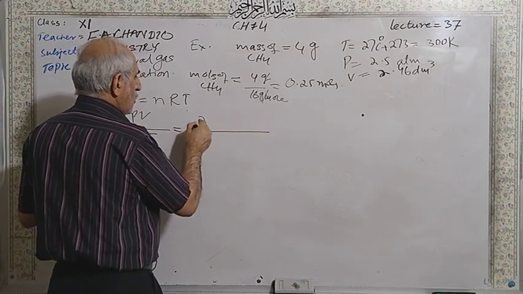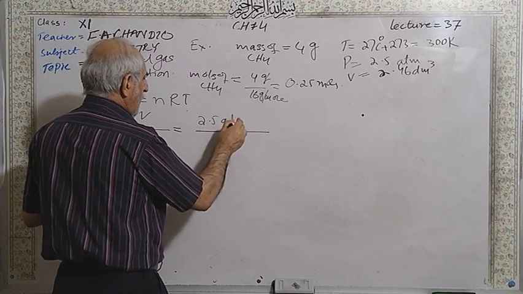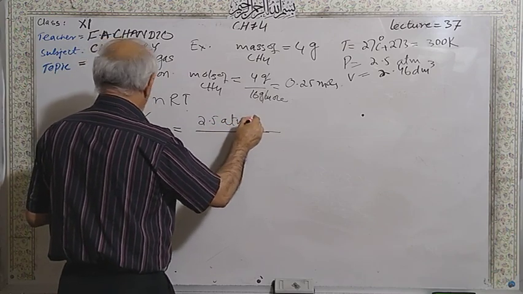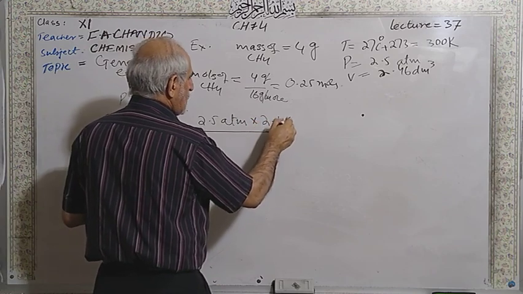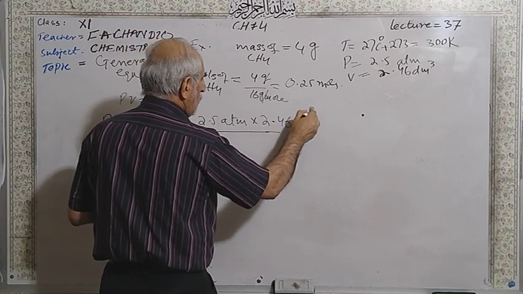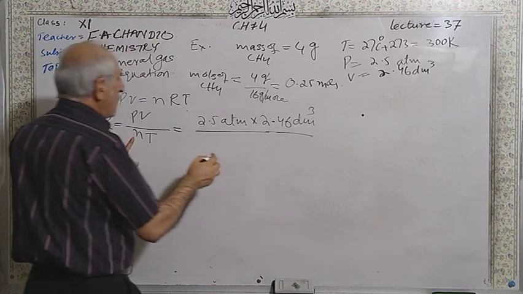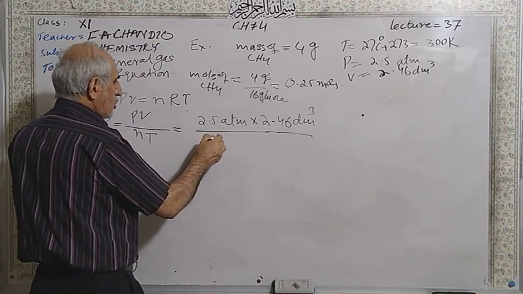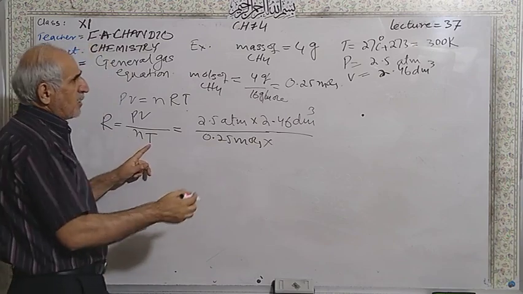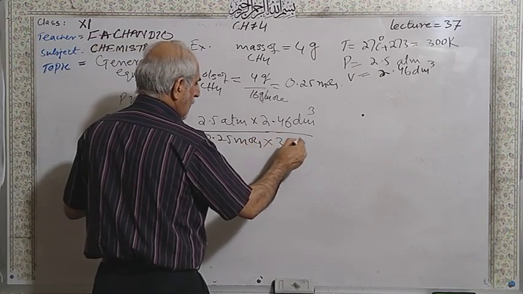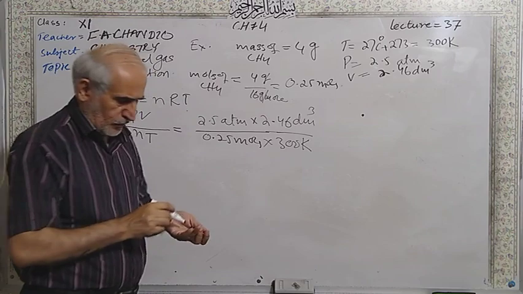Pressure is 2.5 atmosphere multiplied by volume 2.46 decimeter cubed, divided by number of moles 0.25 multiplied by temperature 300 Kelvin.